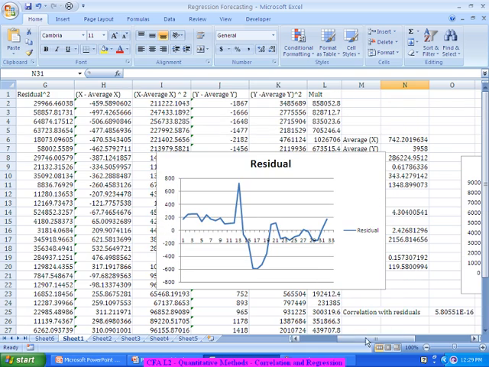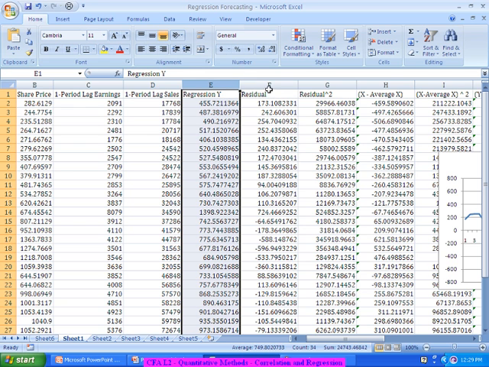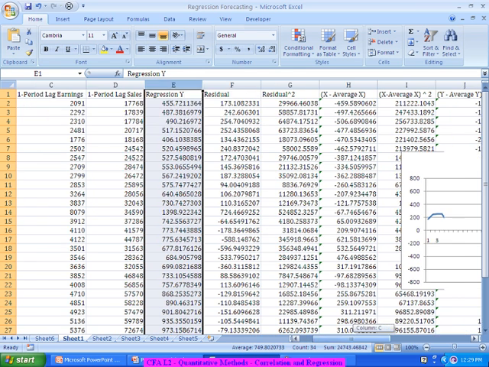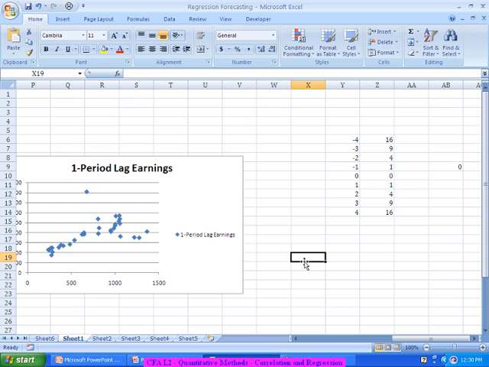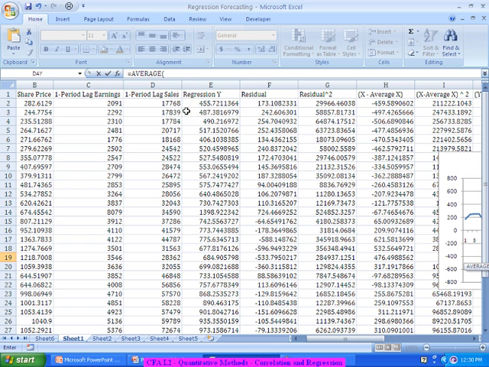Whatever the regression y we got, I'll try to find the sum of squares of this. Let's say the average of regression y is coming out as the average of this E column.